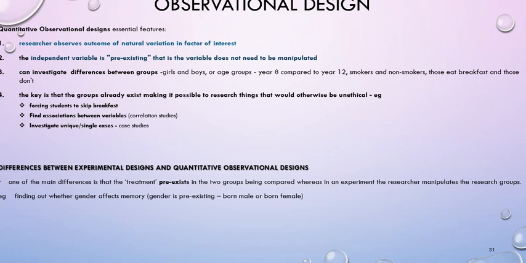Can you understand now what is the pre-existing independent variable, that it's not manipulated because it is there? Yes. The fact that my groups are boys and girls, and they are both control groups.